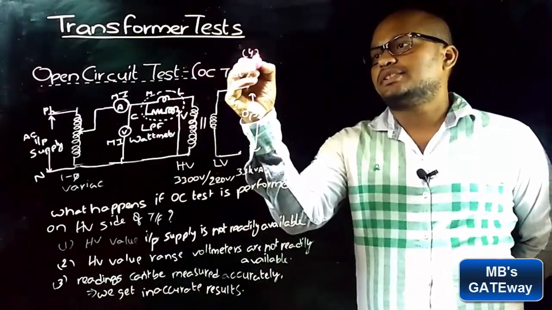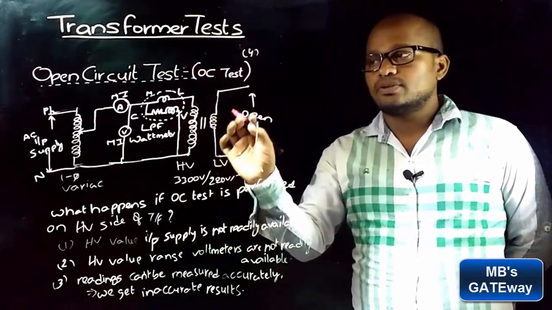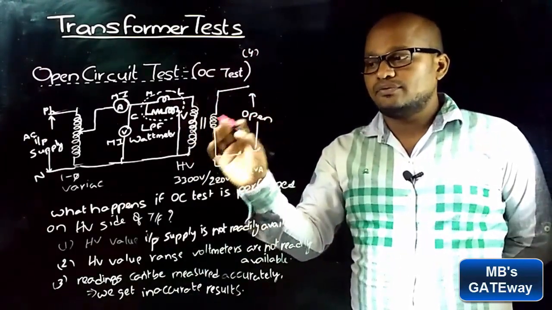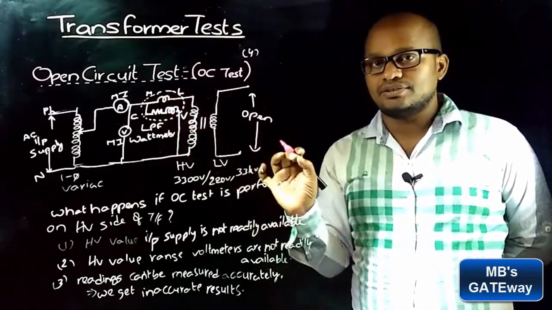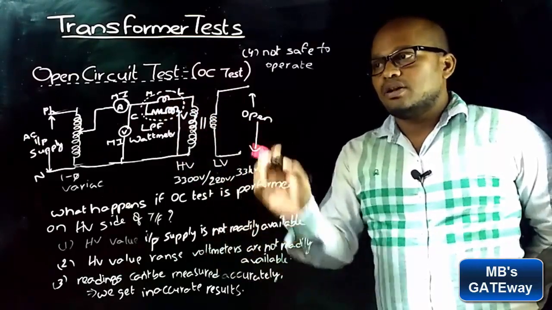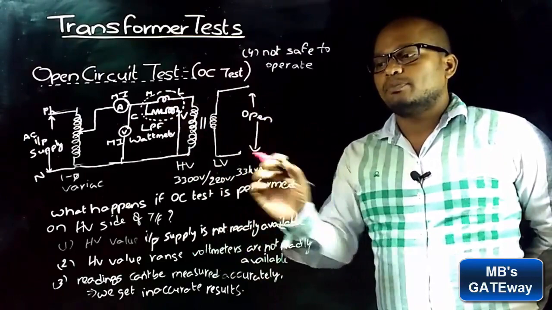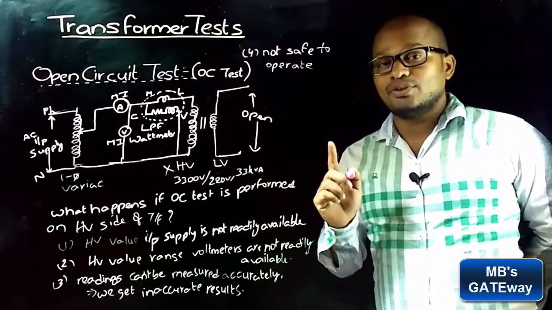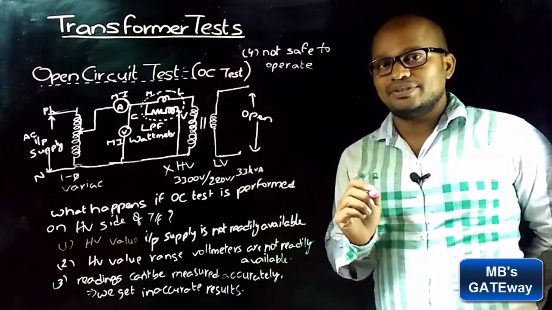And the fourth point is, if this test is performed on the HV side of the transformer, from the safety point of view, it is not safe to operate at that high voltage. Because of these reasons, the open circuit test is not preferred on the HV side of the transformer. It is preferred to perform it on the LV side of the transformer.